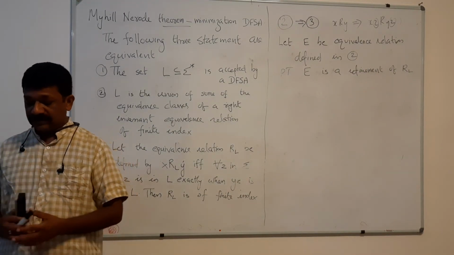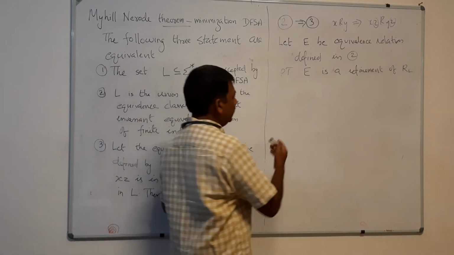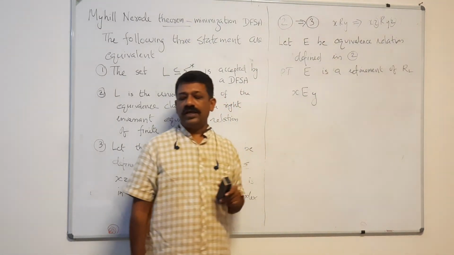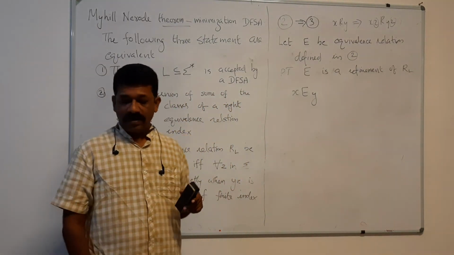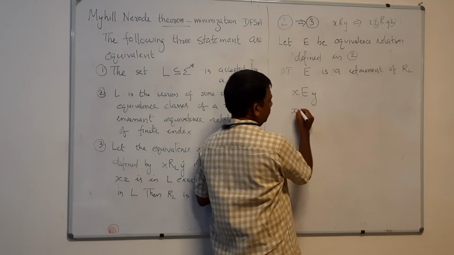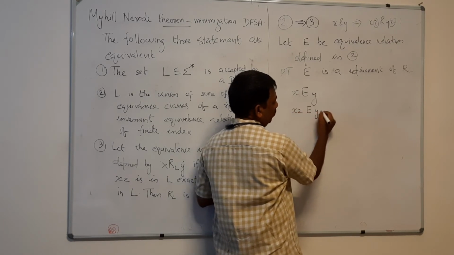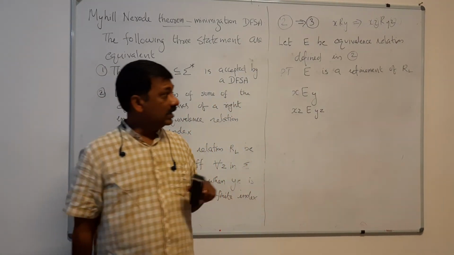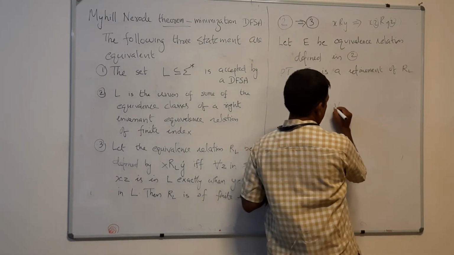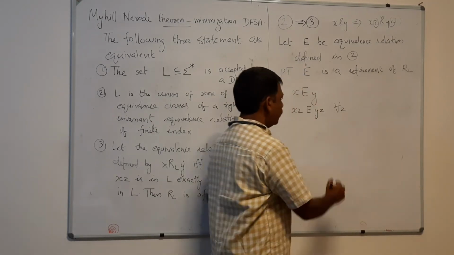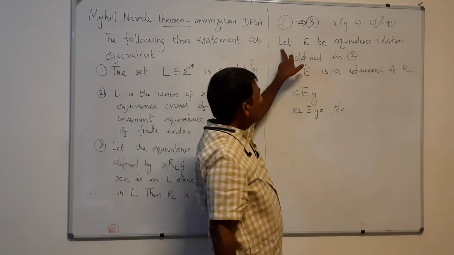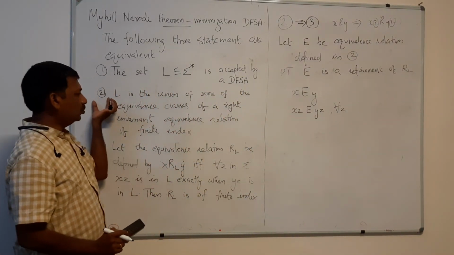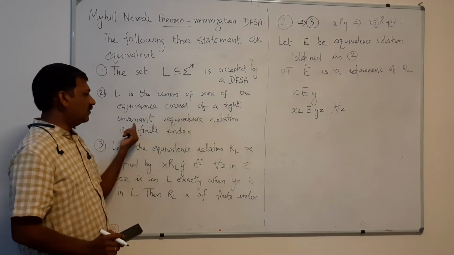The proof is like this. We know that X is related to Y, so X Z is related to Y Z for all Z. As per our definition, this is a right invariant equivalence relation.